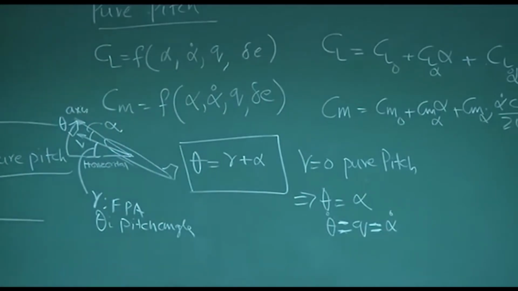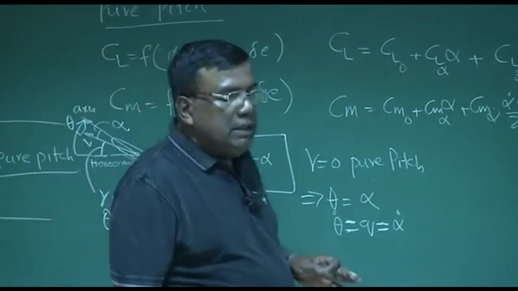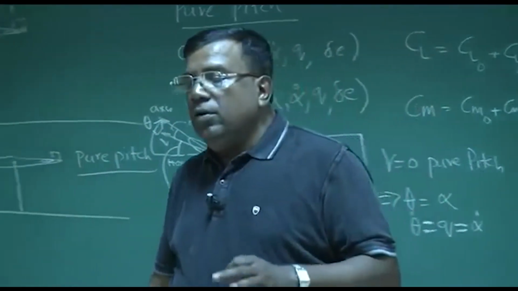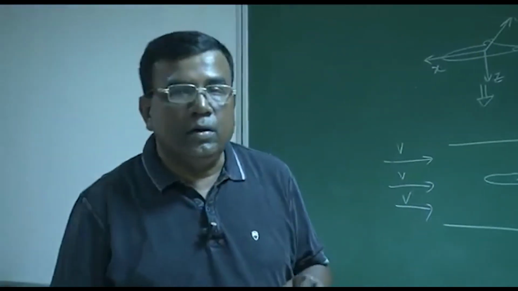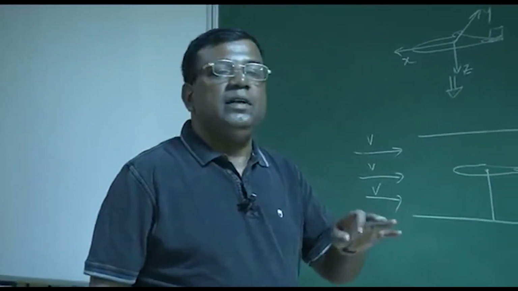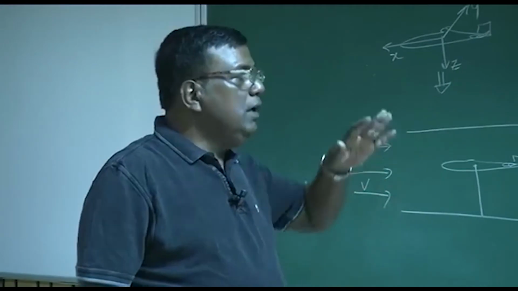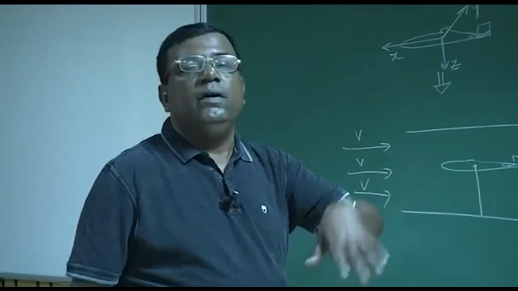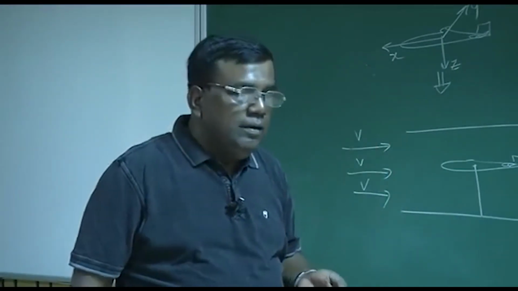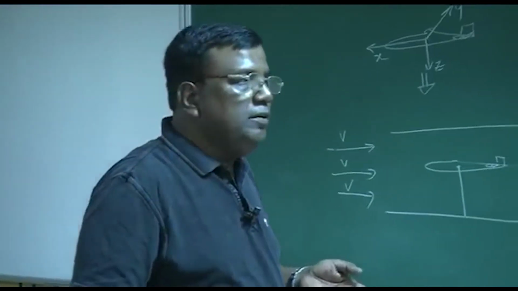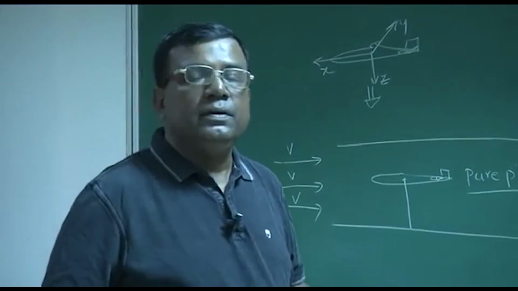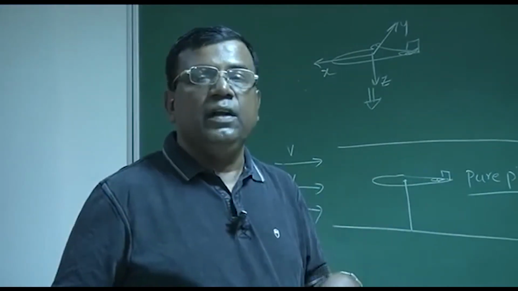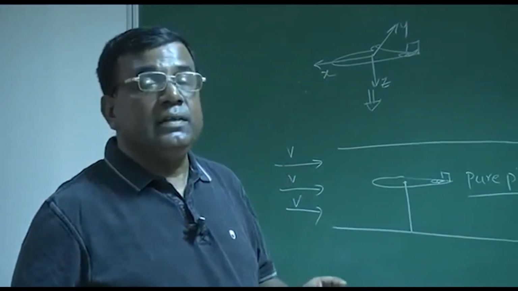The motion we are trying to study is, if I disturb an aircraft model in a tunnel, if I give it elevator deflection and see how theta or alpha varies, and from that response we would like to find out the natural frequency of this motion as well as the damping the aircraft has.